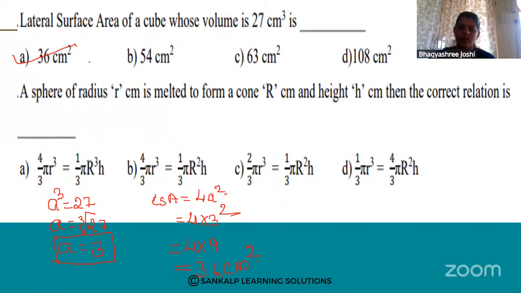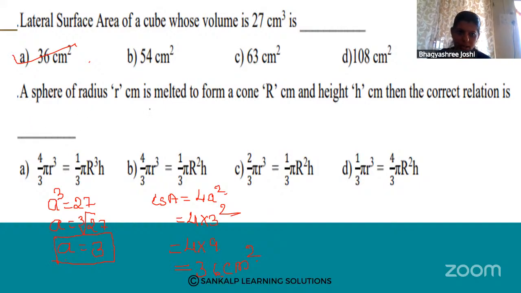Now, a sphere of radius r centimeter is melted to form a cone of radius R centimeter and height h centimeter. Then the correct relationship is, so correct relation, that means sphere is converted into cone here.